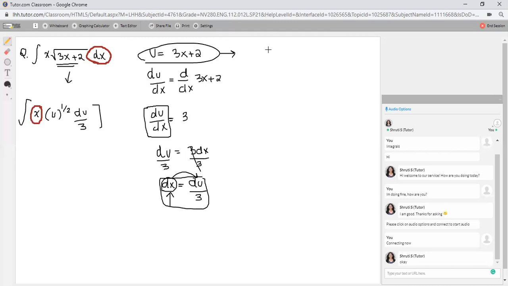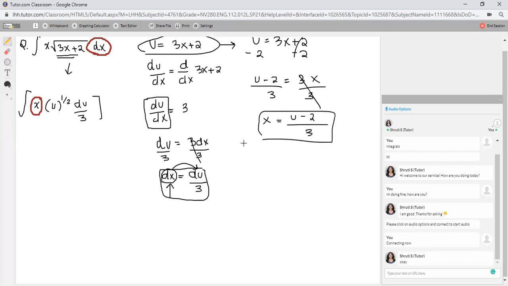So if u is equal to 3x plus 2, I could subtract 2 from both sides. Yes, very good. Yes, well done. So what to do next now?